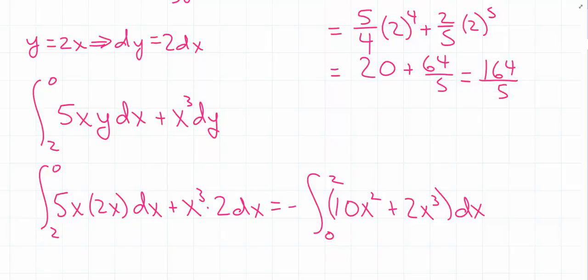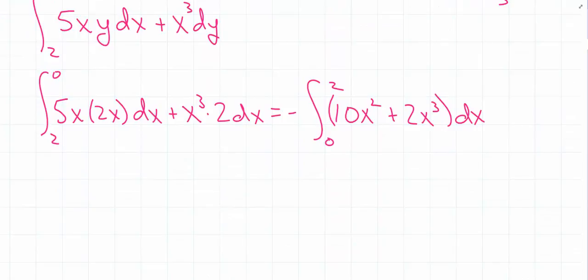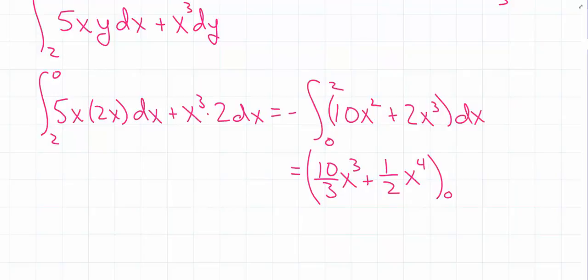That's 2x cubed. Now, let's see what we've got here. This is going to be 10/3 x cubed plus 1/2 x to the 4th, going from 0 to 2. And there's a negative in front. Yeah, see, I knew I would mess up, and I did. I was right again.